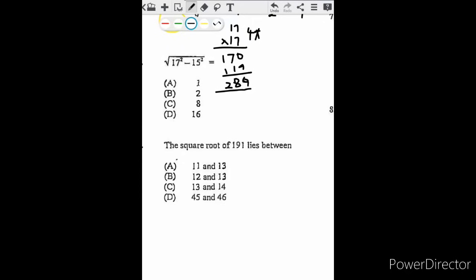Now we're going to solve 15 squared, so that's 15 multiplied by 15. Put our 0 placeholder, then we have 1 multiplied by 5 gives us 5, and then 1 times 1 is 1. 5 times 5 is 25, and we put our 5 in, and then 5 times 1 is 5, plus the 2 from the 25 gives us 7.